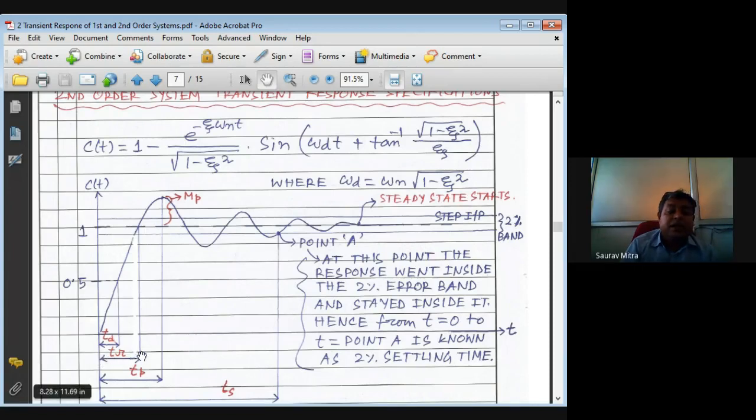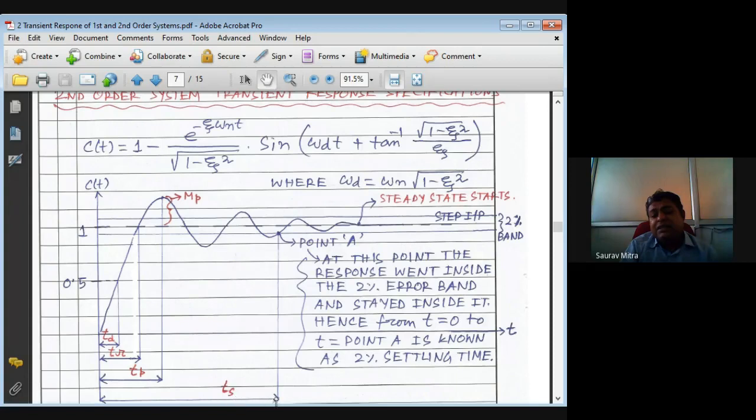So exactly this point is called rise time. Rise time is the time taken by the response to reach 100% of the output value. Wherever the output is reaching 50% of the 100% value, that is 0.5, this is called delay time. So td, tr, tp. Wherever the output is reaching the peak value, this is called tp.